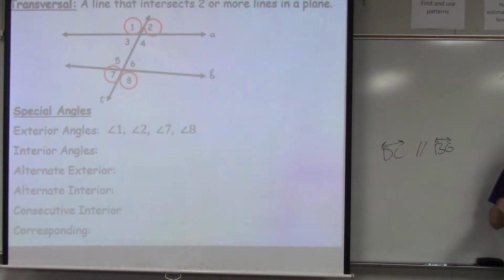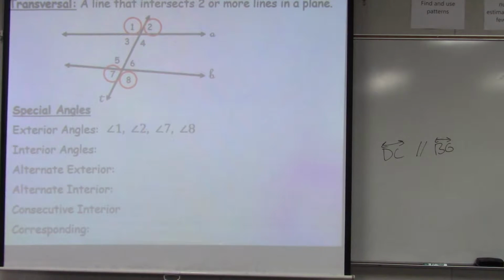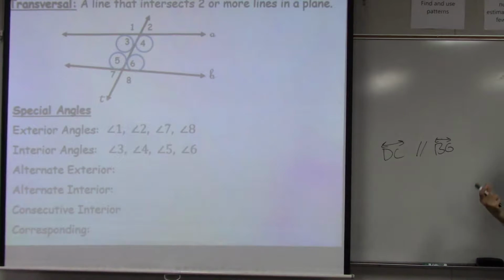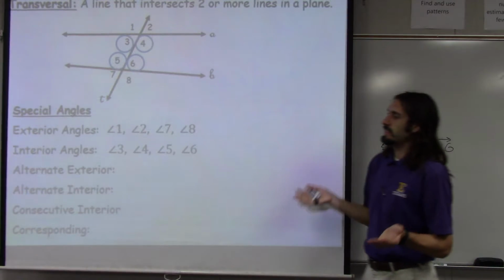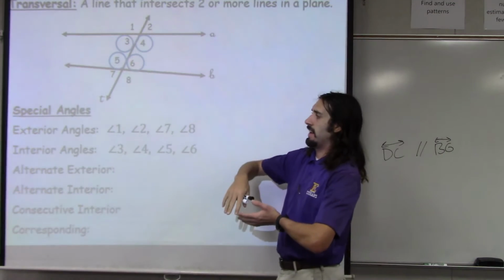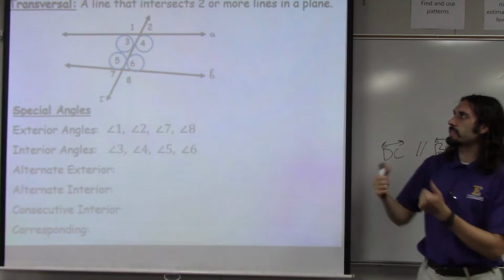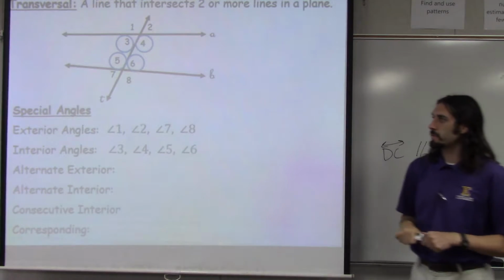Okay, you are outside the pair. In contrast to those four, we have our interior angles, which, lo and behold, are 3, 4, 5, and 6. Interior, they are inside our pair of lines. So we can make that distinction between our exterior and our interior angles.